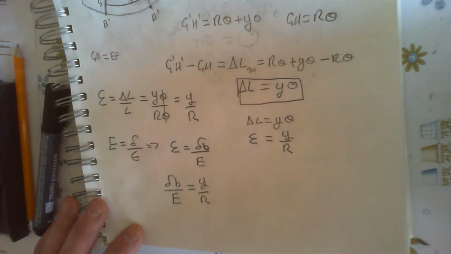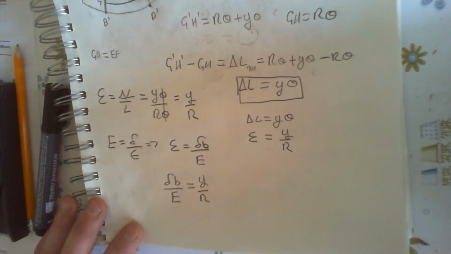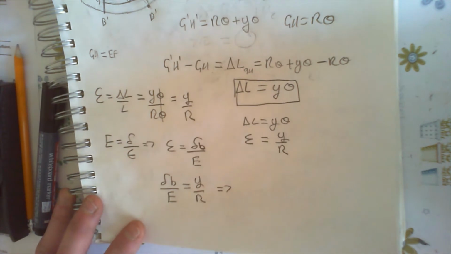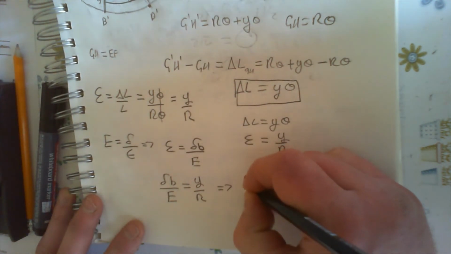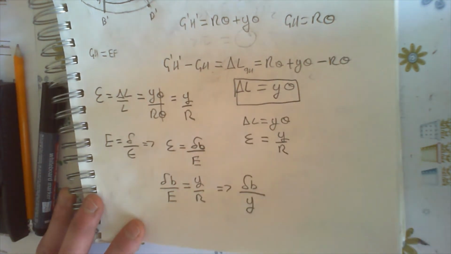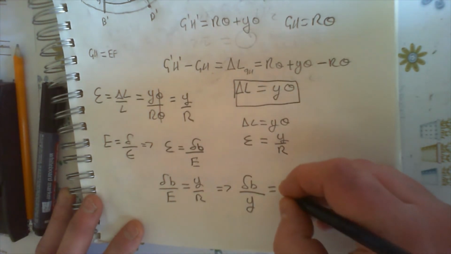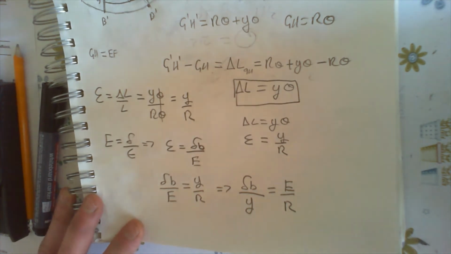And we'll call this, let's see, rearrange it to its more commonly used form as the bending stress divided by y equals Young's modulus over the radius of curvature.